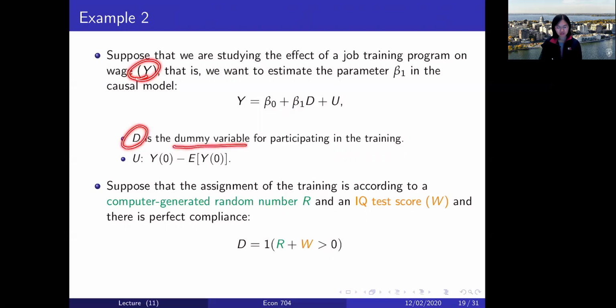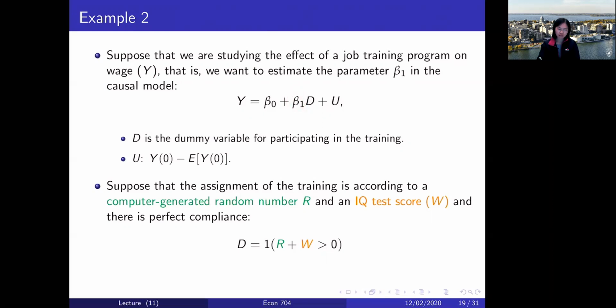D is the dummy variable that equals 1 if the person participated in the training program, and D equals 0 otherwise. And here we take the potential outcome framework. U is the potential untreated outcome minus its expectation. And beta 1 is the causal effect of the training program.